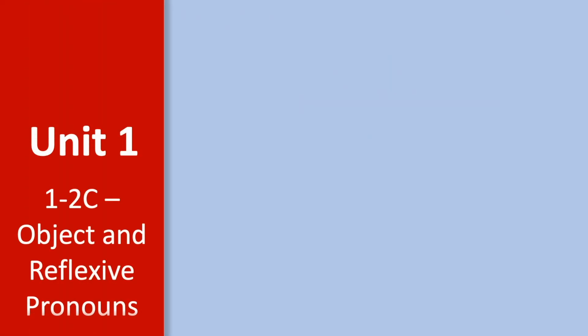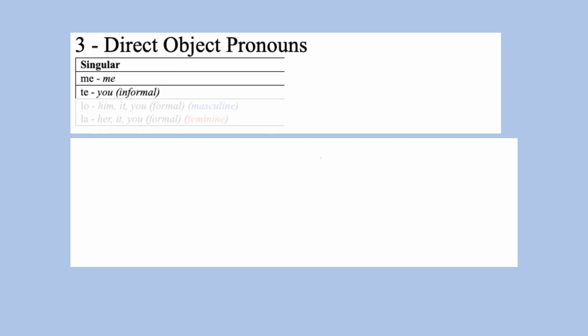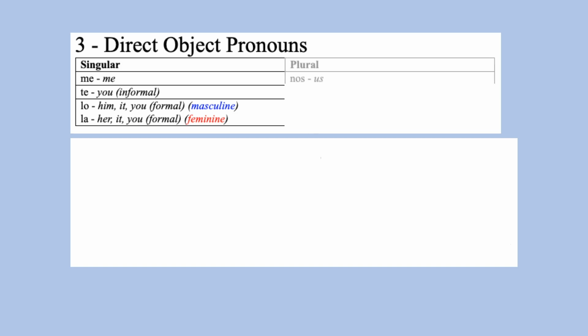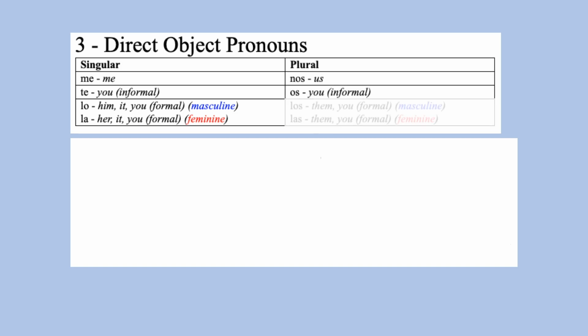Unit 1, Lesson 2C on direct object, indirect object, and reflexive pronouns. The direct object pronouns are me, te, lo, la, nos, os, los, las.